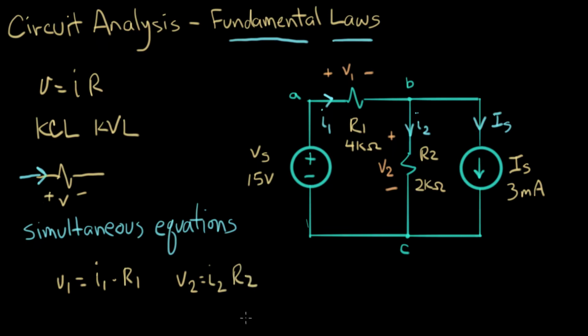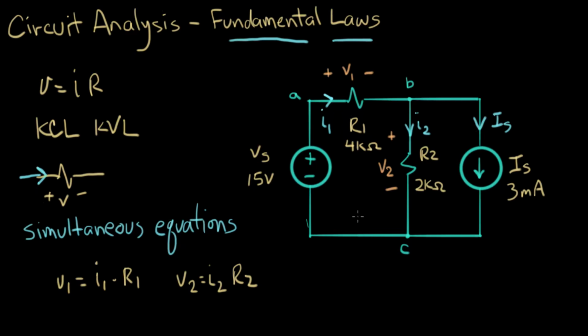All right, that's not a bad start. We have two equations. How many unknowns do we have? I2 and V2 are unknown. I1 and V1 are unknowns. So we have 4 unknowns and we have 2 equations. So we're halfway there. And now we need to come up with some more equations.